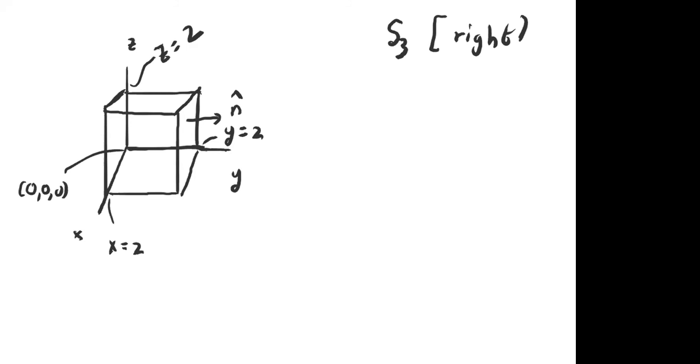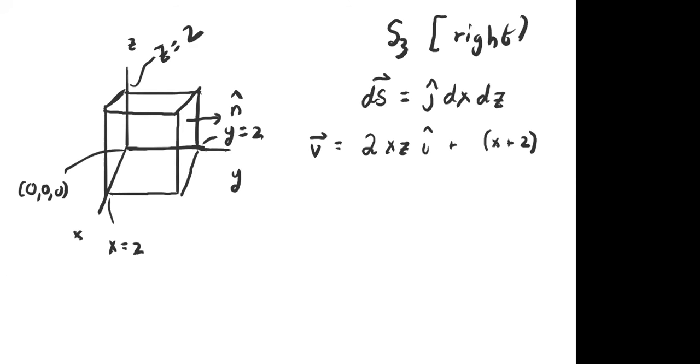So I need a couple of things. First thing I'm going to need to write down is the differential surface element over S sub 3. You can write that down by inspection. That's simply positive j hat dx dz. The vector doesn't change, still the same: 2xz i hat plus (x plus 2) j hat plus (y times z squared minus 3) k hat.